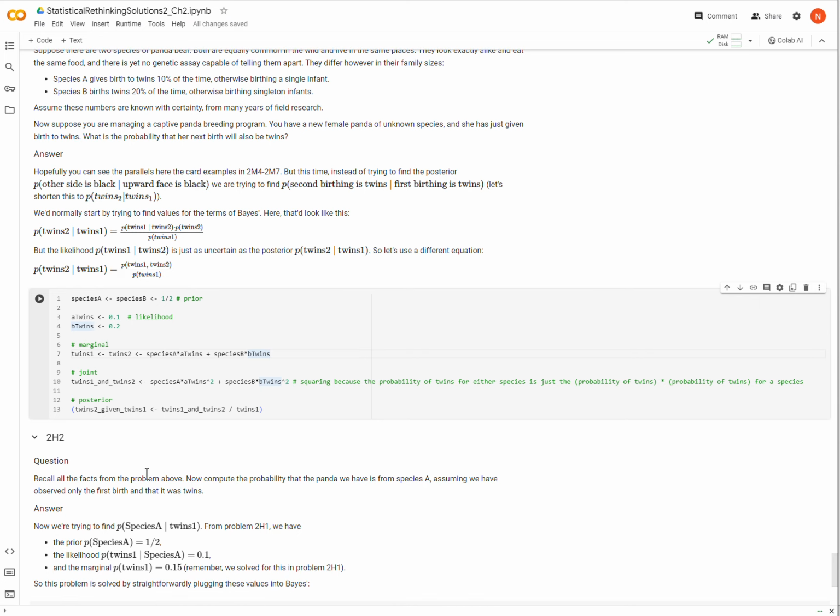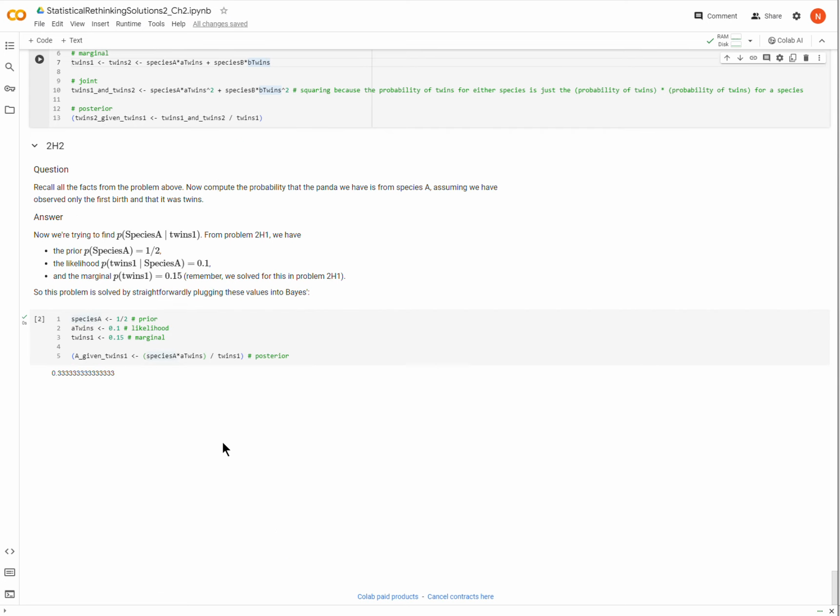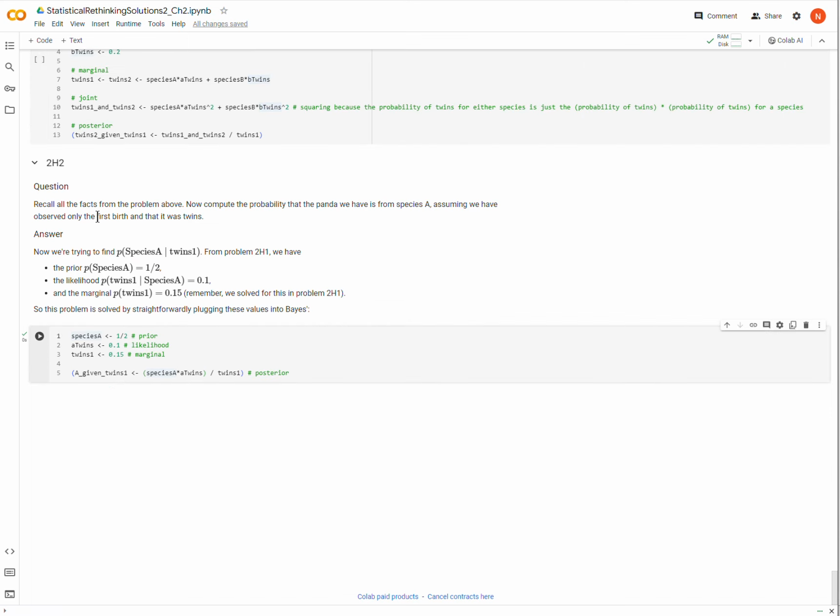So in question 2 here, we're supposed to use the same information that we have above, but now we are trying to find the probability that we have species A, given that we've observed that animal giving birth to twins.